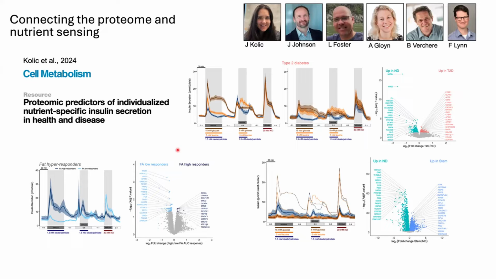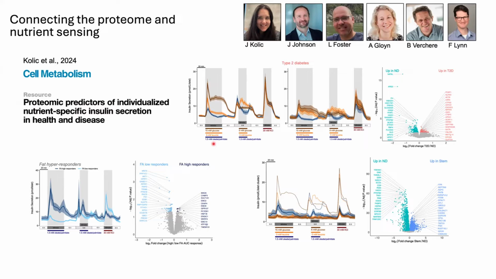This is a paper published earlier this year by Yelena Kolick up at the top here in Jim Johnson's lab, where they are phenotyping islets from our islet isolation program and looking at whole islet proteomics together with dynamic insulin secretory responses to different macronutrients like glucose, amino acids, and fats.